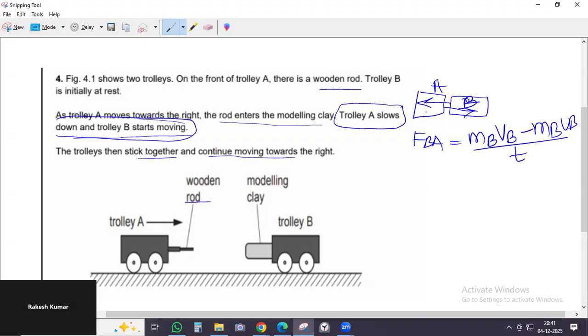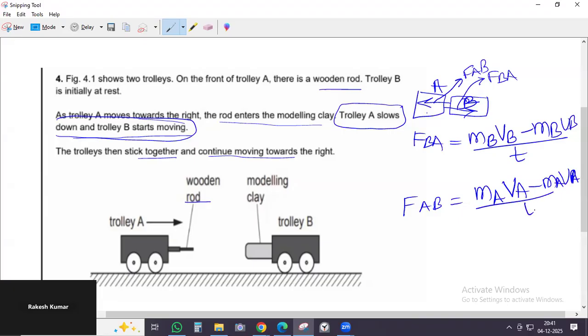Similarly, this is the force F on B because of A, and this would be the force on A because of B. The force on A because of B is the change in momentum of A, because we are applying a force on A, so its momentum changes.